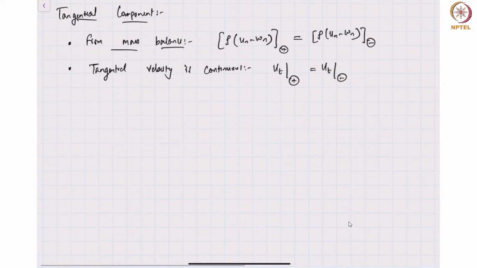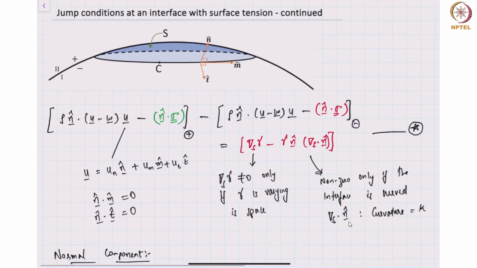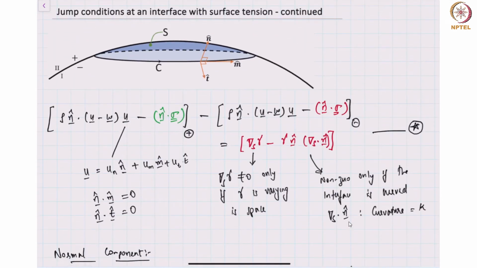Now, we'll take the dot product of equation star with t hat. I have this entire equation multiplied by t hat. Let's first look at the first term: rho times un minus wn, and then u dot t.